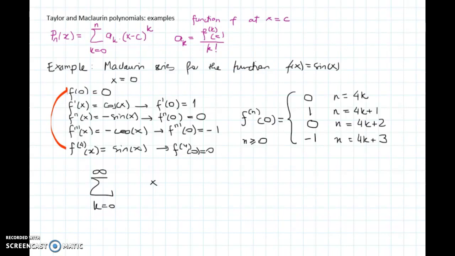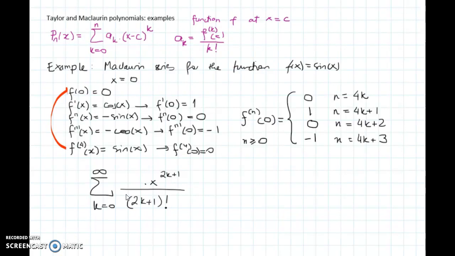So I'll write x to the power of 2k plus 1. Again, the reason why I don't want the even ones is that for the even ones, the coefficients are going to be 0. We are also going to be dividing by 2k plus 1, all of that factorial.